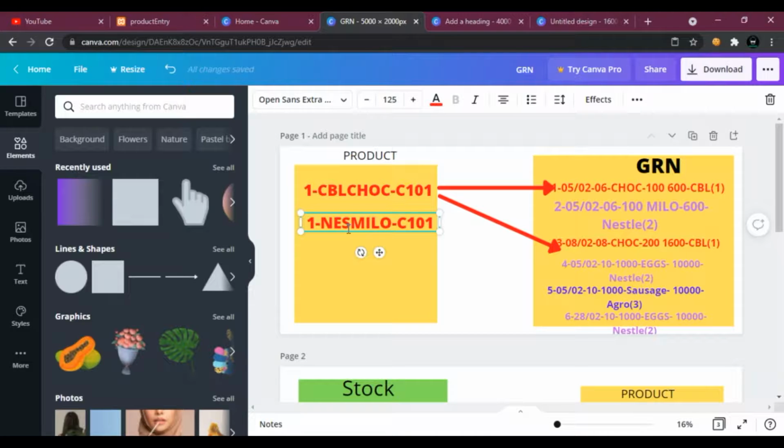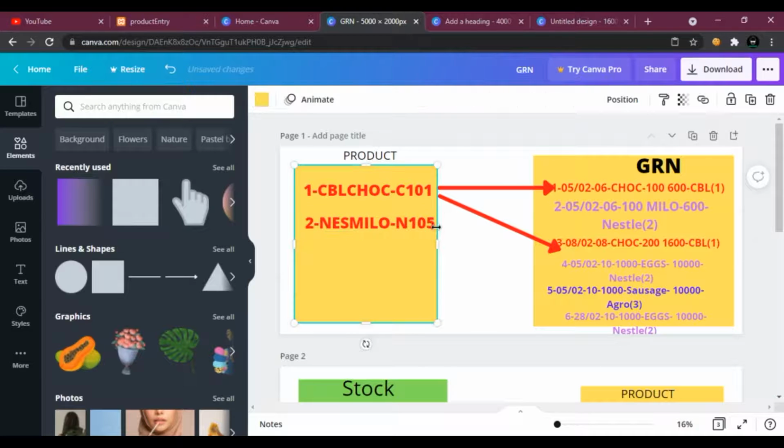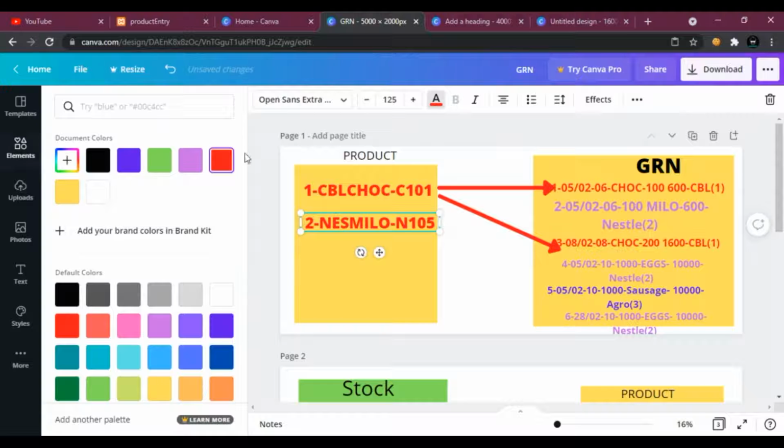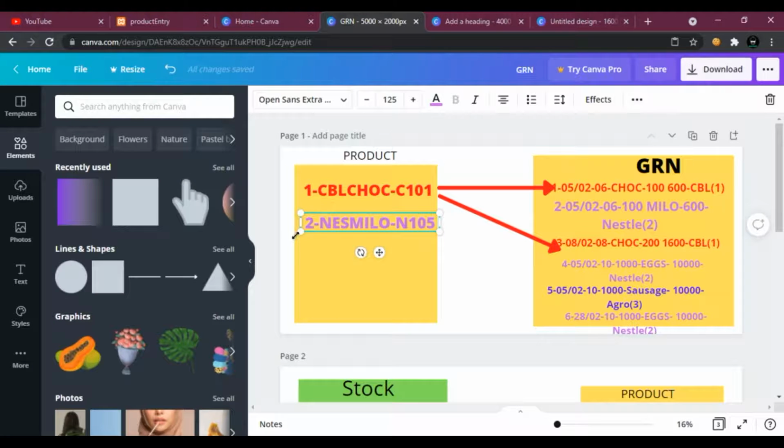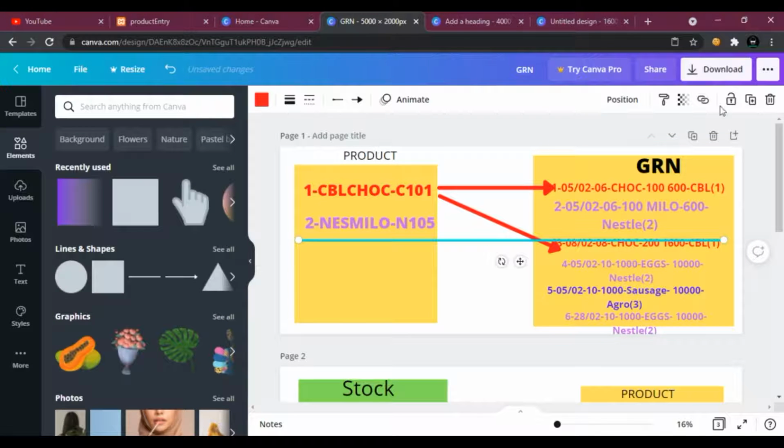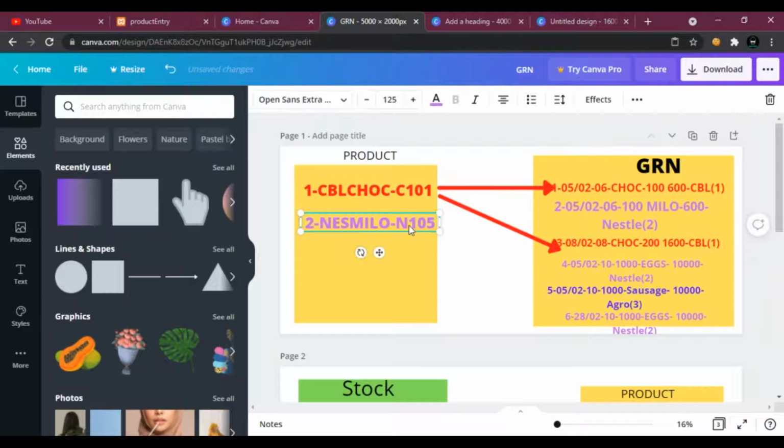and the product code would be N. It's an edible thing, so it's 1, and the product ID is number 2. We had to change the color to purple.